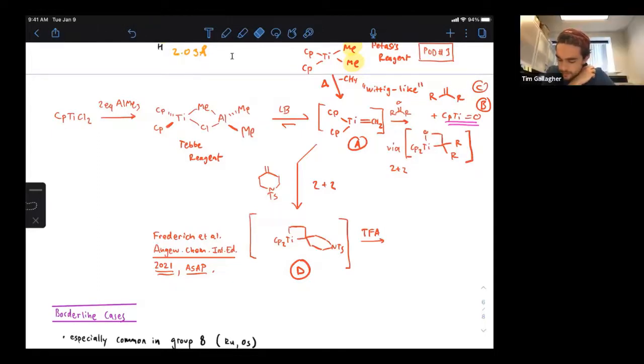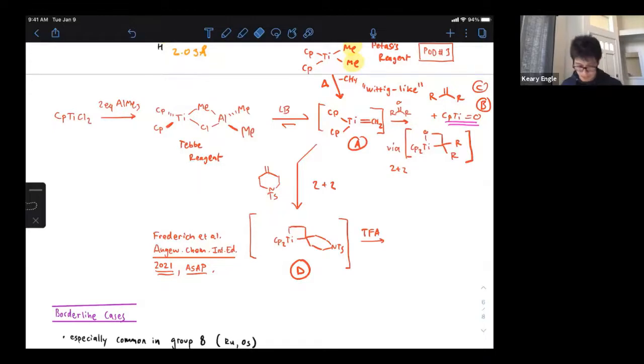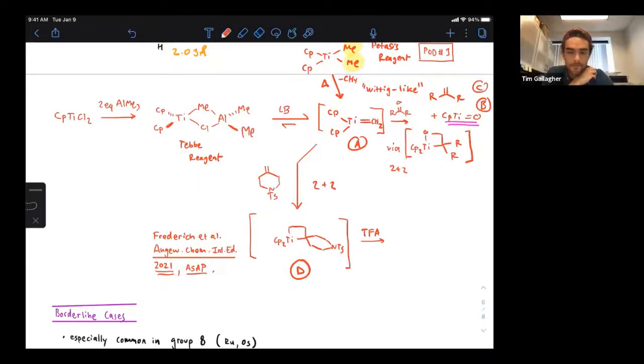Then I guess it would just do a homologation, like a net product. A homologation. What would the product be? Would it just be, instead of a methine, an ethyl, or?